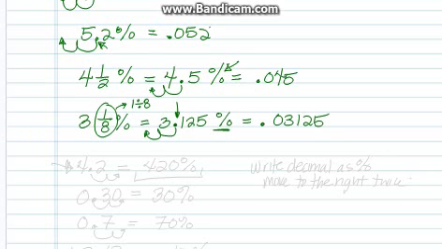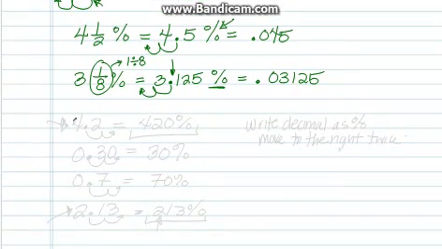I can also work the other way. So for example, if I have 4.2, I can rewrite this as a percent. So instead of moving to the left 2, I want to move to the right 2 spots, which would become 420%.